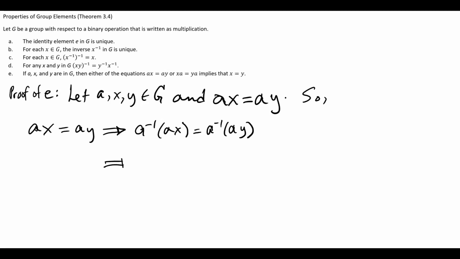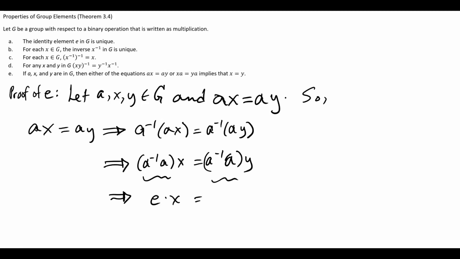Well, that implies, because it's associative, I know I can regroup this, and we end up with e times x on one side, and e times y on the other. We end up with x equal to y.